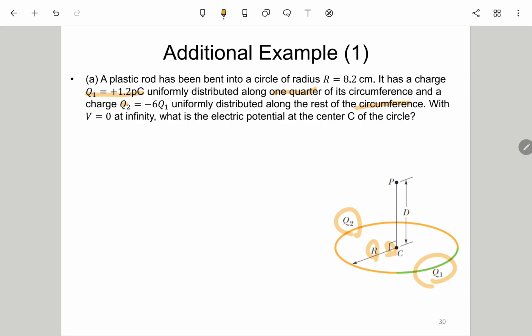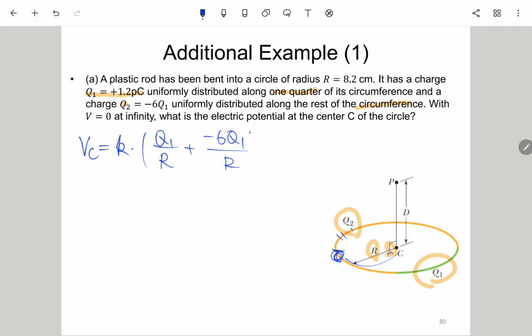The good thing is potential is a scalar, so it is easy to compute. Even if you cut it into pieces, every small charge packet generates the same potential, and they simply add together. So V at point C is K times Q1 over R, plus K times Q2 over R, where Q2 is negative 6 Q1.